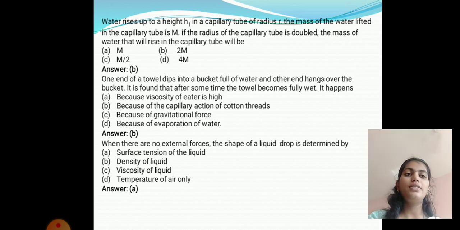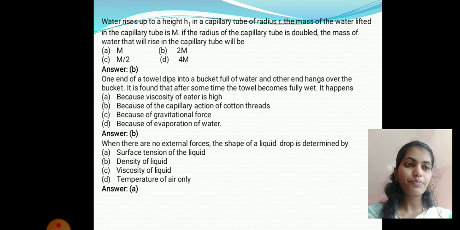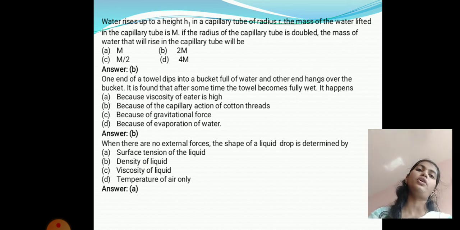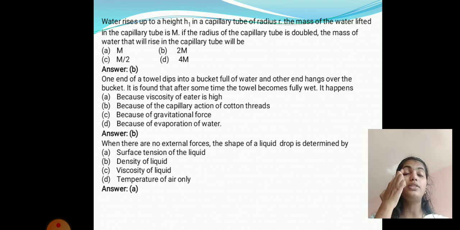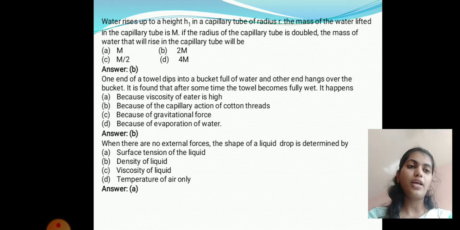We know that when any other thing is dipped into a liquid surface, capillary action rises. Here the towel is dipped into the water, so capillary action rises, and the towel becomes fully wet. The answer is capillary action of cotton thread.